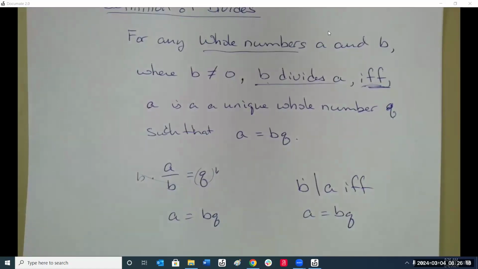Let's get to our first example. Example 1.